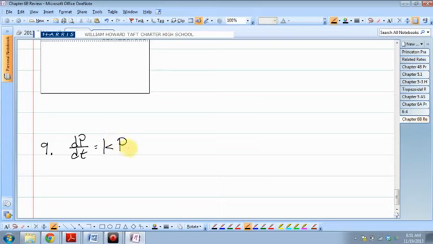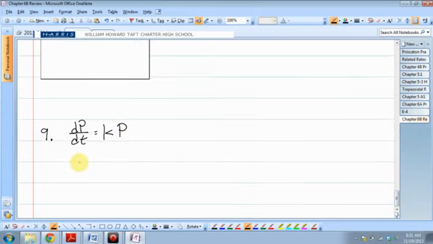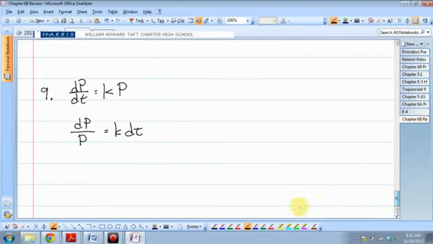Okay, well, if this is dP/dt equals kP, then we can separate variables: dP over P equals k dt. Do some kind of an integral.